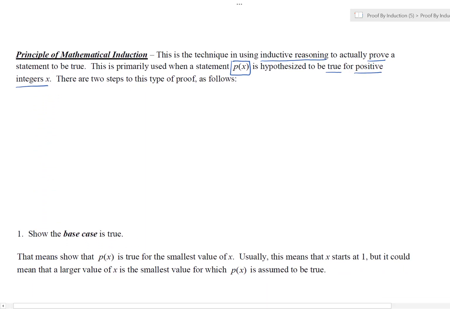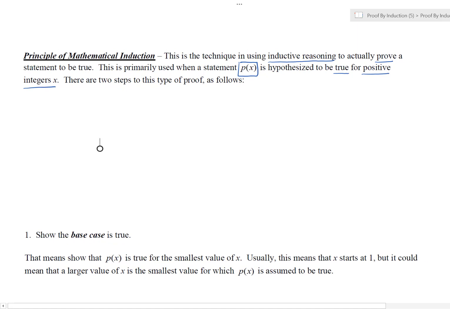Okay, now, the first of the two steps in which we are going to prove some statement using mathematical induction is this base case. We must show that the base case is true. What does that mean?